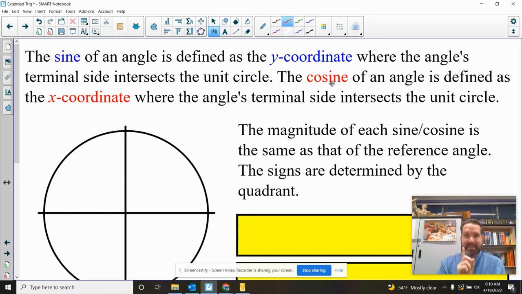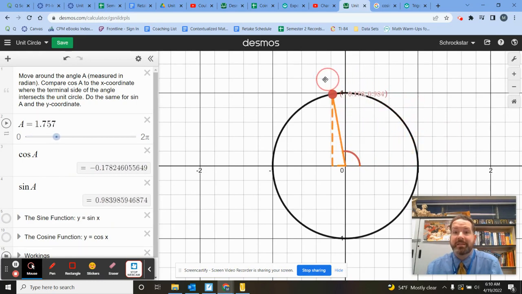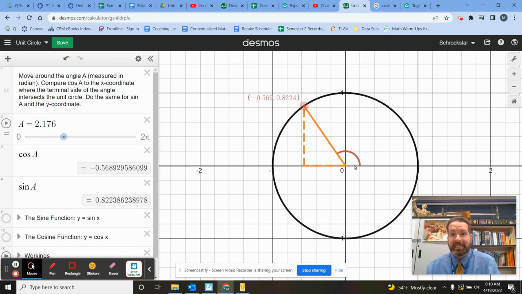Here's why that's helpful for us. It allows us to extend not just to right triangle angles in the first quadrant, but to angles that can't come from right triangles. Like this red angle right now, this theta, it's bigger than 90 degrees.